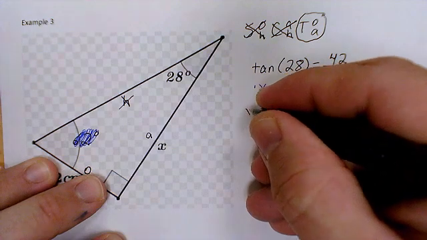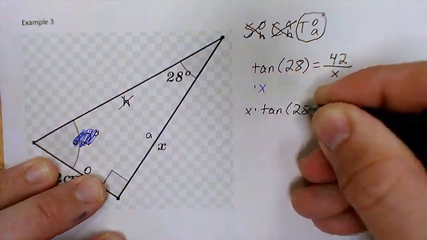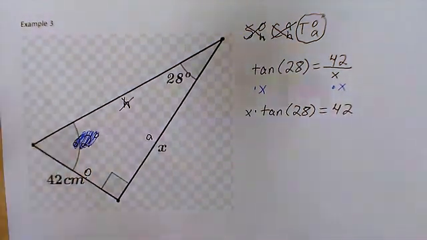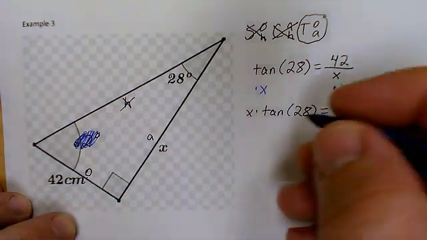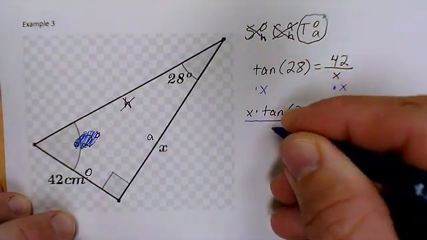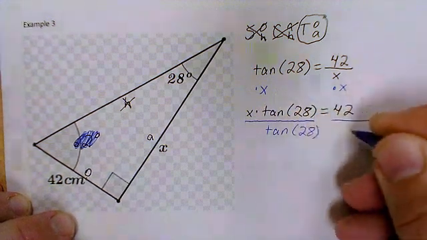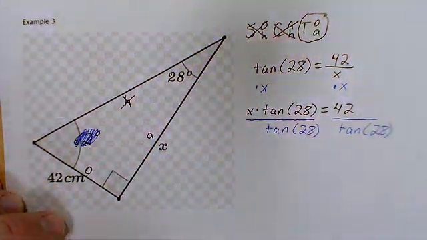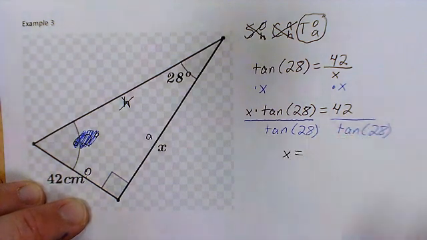So it's going to make it x times the tangent of 28 equals 42 is now left on the right side. I have one last step, and that's to divide by the tangent of 28 on both sides. That will leave just x on the left side.